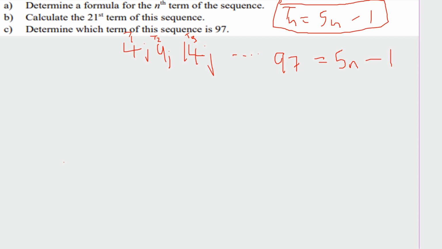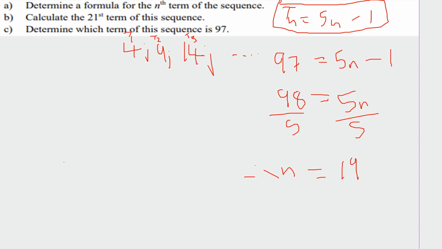You transpose 1 to this side, it's going to be positive 1, and therefore 97 plus 1 is going to be 98. Then you will be left with 5n. Then you divide both sides by 5, and therefore the value of n will be 98 divided by 5, which is 19.6.